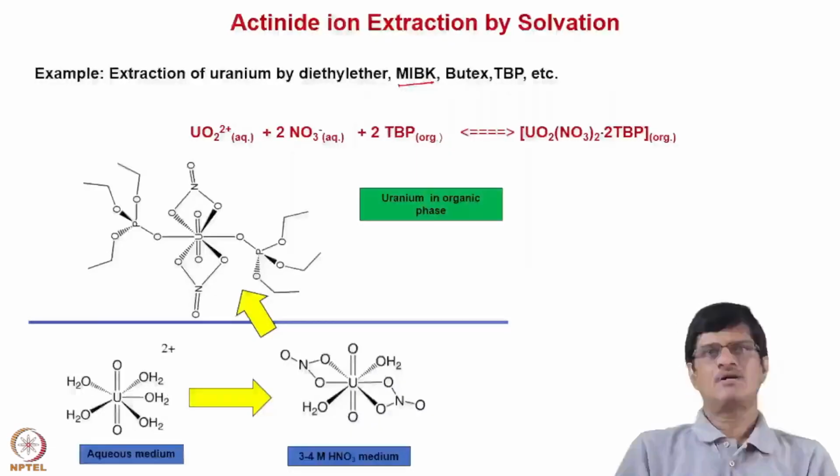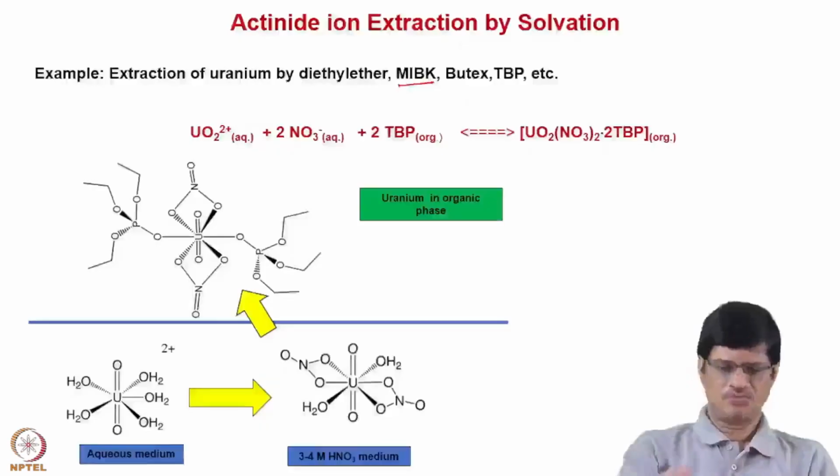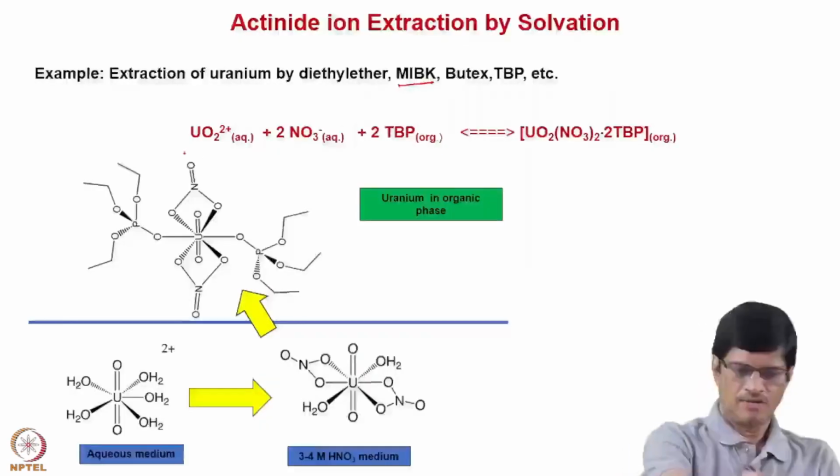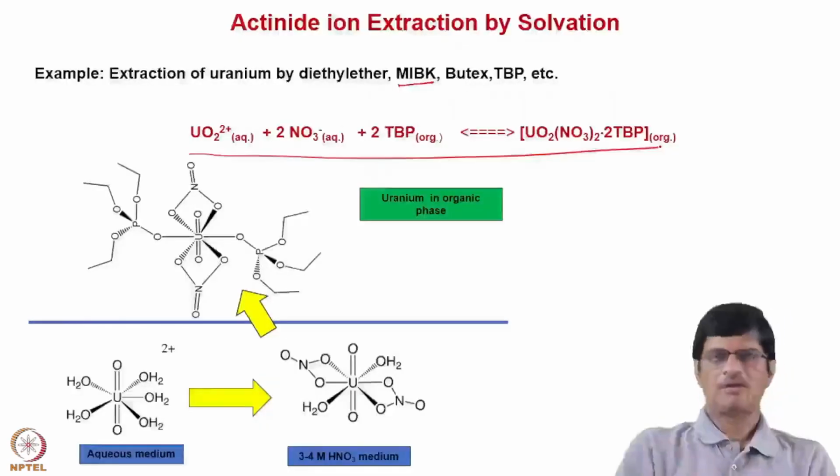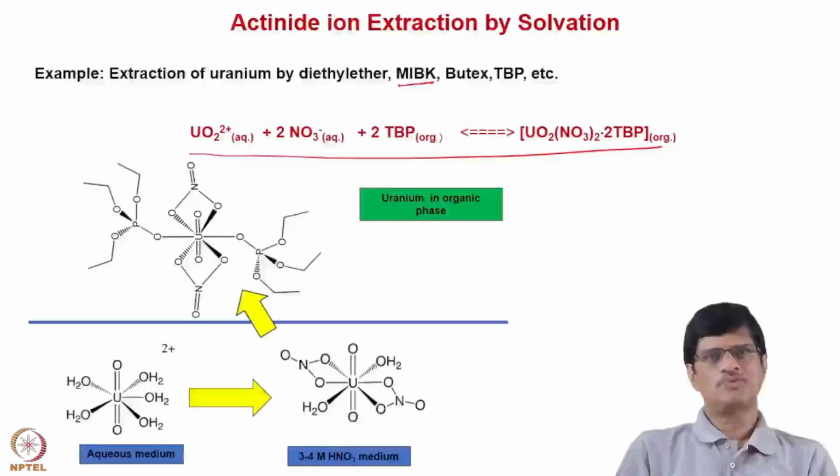And this is the extraction equilibrium. What I have shown here is for TBP, where the uranyl ion, that is UO2 2+, is present in the aqueous phase. It can form a complex with two nitrates to neutralize its charge, that is UO2 2+ plus 2 nitrate becomes UO2(NO3)2. But as such, this species cannot get partitioned into the organic phase.